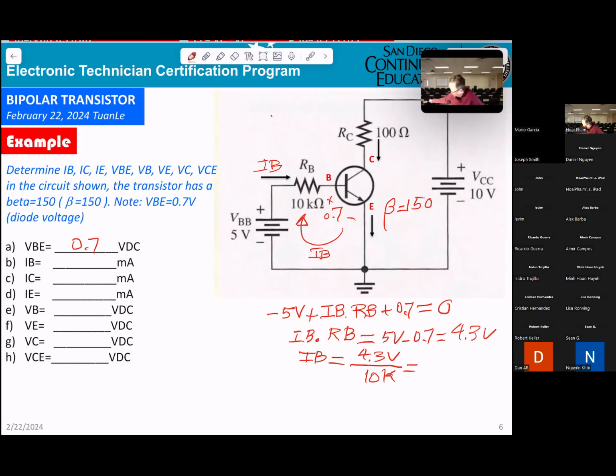Okay, 4.3 divide 10. When you divide by kilo ohm, you get milliamp: 0.43.